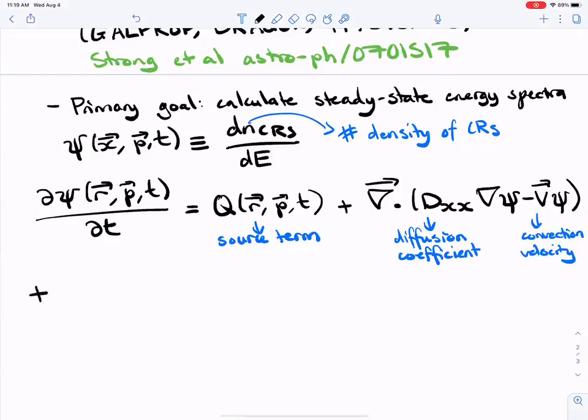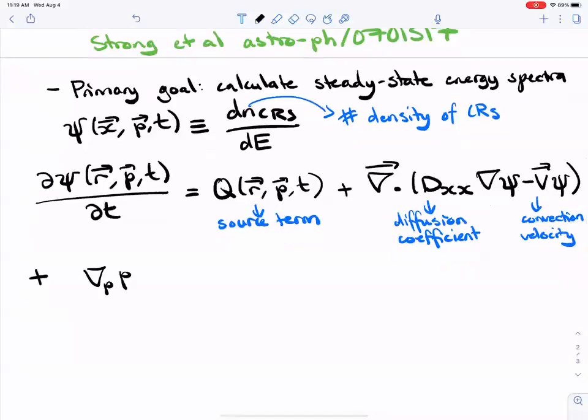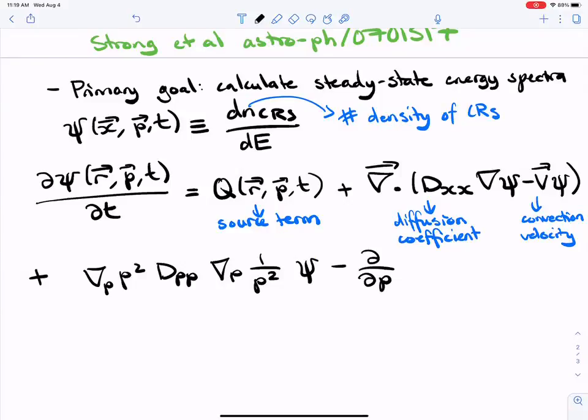So if that's present, you get this reacceleration term. And then we can have a term just for the particles losing momentum as a function of time due to inverse Compton scattering or synchrotron or these other processes that we've talked about.